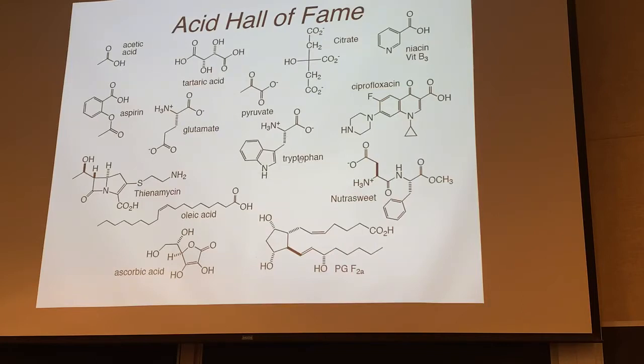Pyruvate, tryptophan, Cipro, this is one of the newer generation antibiotics. NutraSweet, artificial sweetener here. Prostaglandin, we'll look at those. These mediate different signals upon injury in the body. Oleic acid, the monounsaturated long-chain fatty acid.